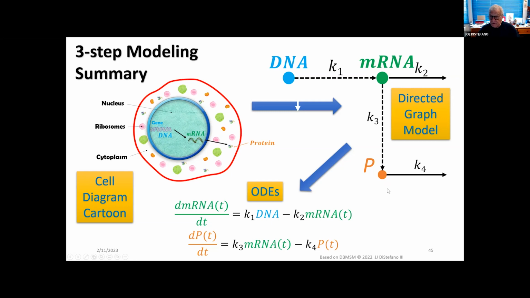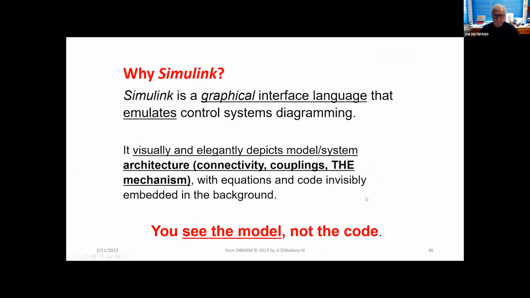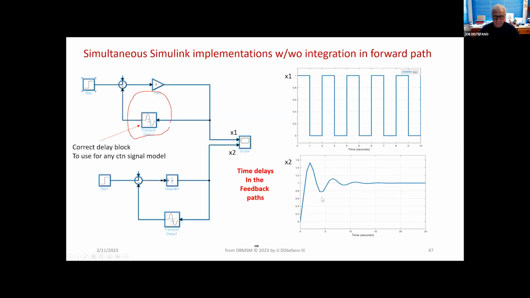I make these distinctions because if you think this is all based on flux balance, then you're going to write the wrong differential equations. So this forces you to write the correct differential equations. Again, I use Simulink because you get to see the model and its connections and not the code. And I think I probably have run out of time, haven't I?